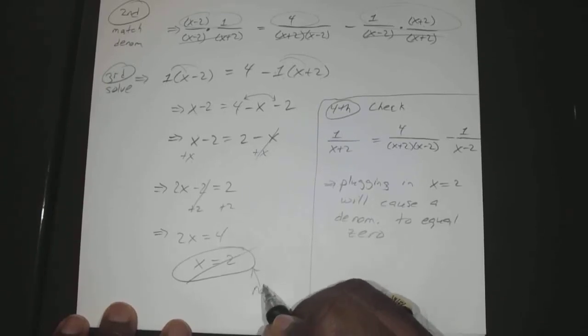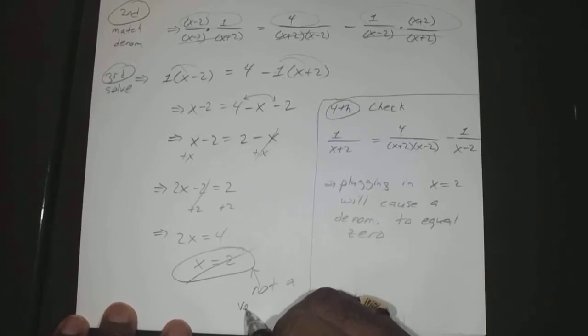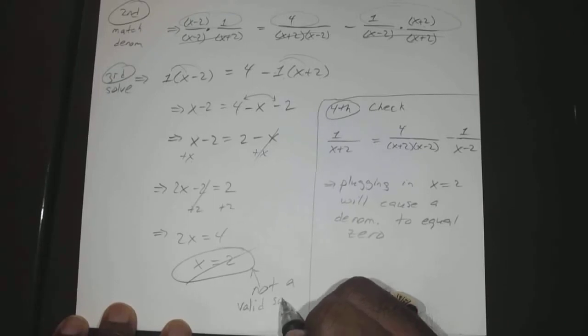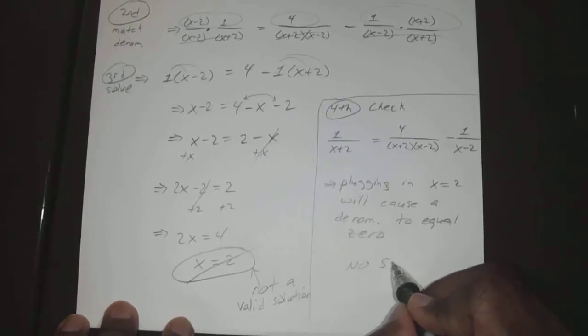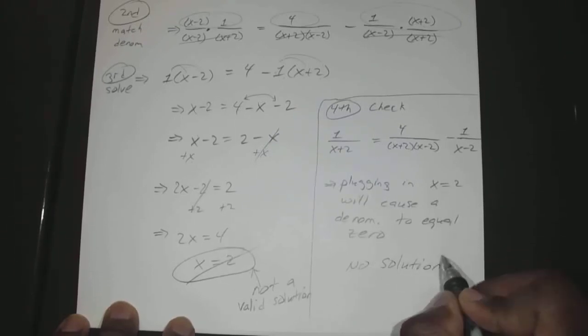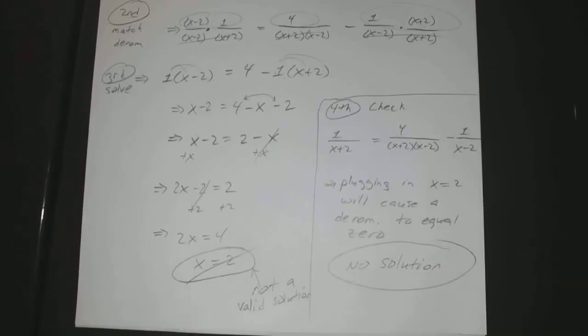That's not a valid solution. So in this case, there's actually no solution. On the test, they will actually say x equals 2 is your answer. If you marked x equals 2, it would be wrong. So that's why you always want to make sure you don't have a denominator equals 0.